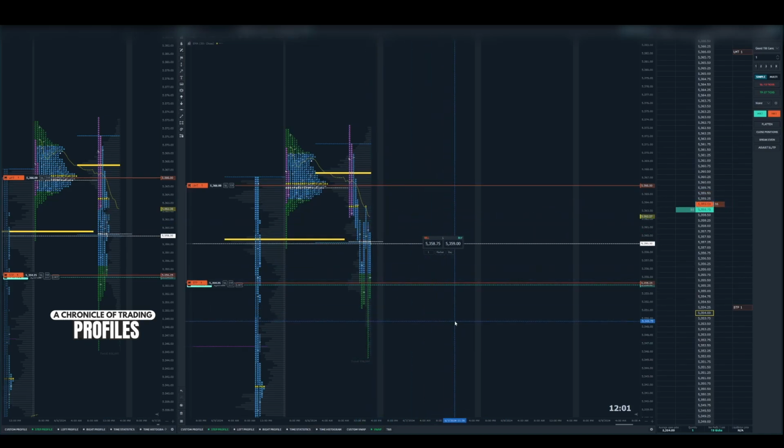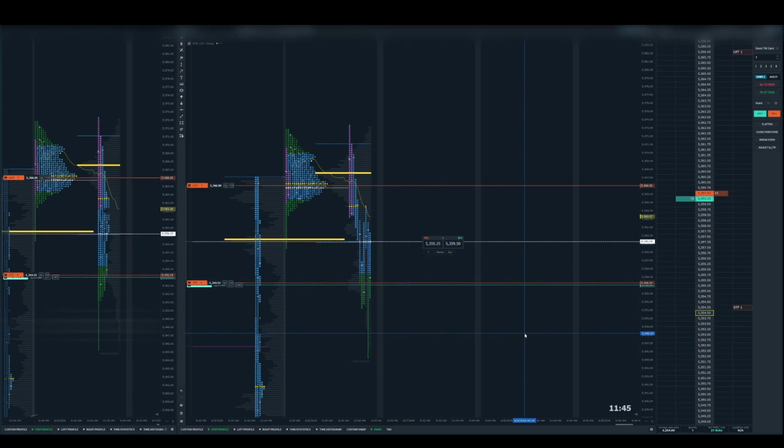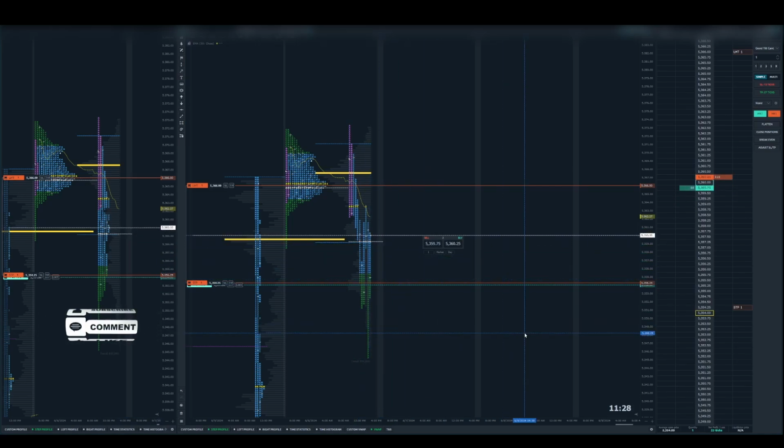Then I just have the one contract left and I'm willing to see what happens in this next time period if this K period doesn't make it. And what I'd be looking for is for the L period to come down to one of those nodes, I think that second, middle node there, somewhere in there. I definitely wouldn't take a loss on it at this point.